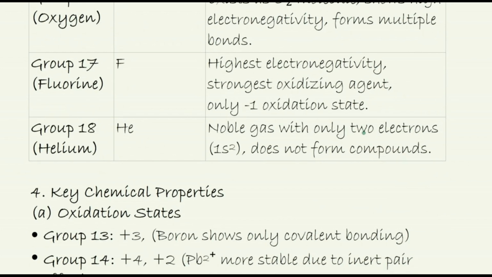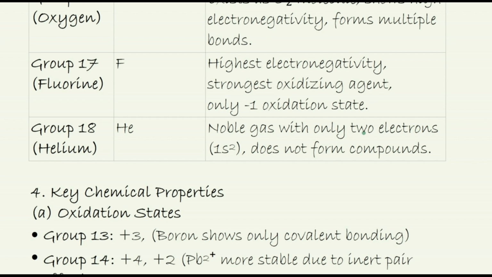Group 17, fluorine, which takes the first place, has the highest electronegativity, and is the strongest oxidizing agent because it gains electrons. So it itself reduces so that it can act as a strong oxidizing agent. Only exhibits the -1 oxidation state.